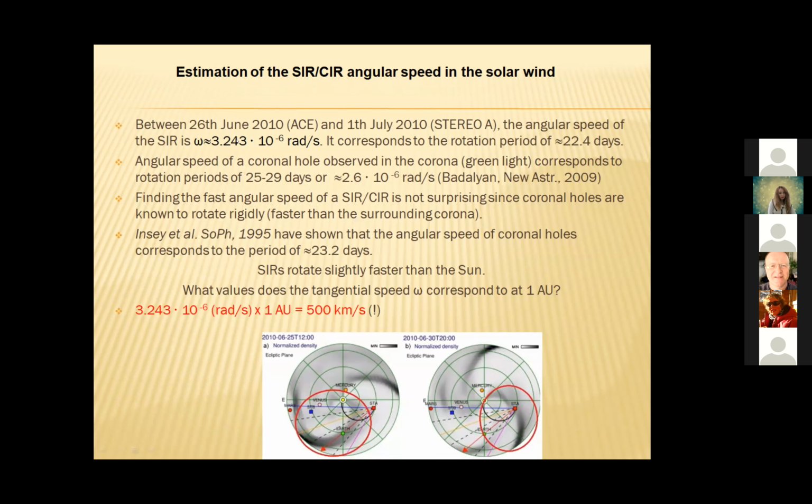That corresponds to an angular speed higher than at the majority of latitudes of the Sun. This is of course expected, since the stream interaction region is associated with coronal holes, which can rotate faster than the surrounding plasma near the Sun. It's important that the angular speed of the stream interaction region at one astronomical unit corresponds to a tangential speed of 500 kilometers per second. It's too much.